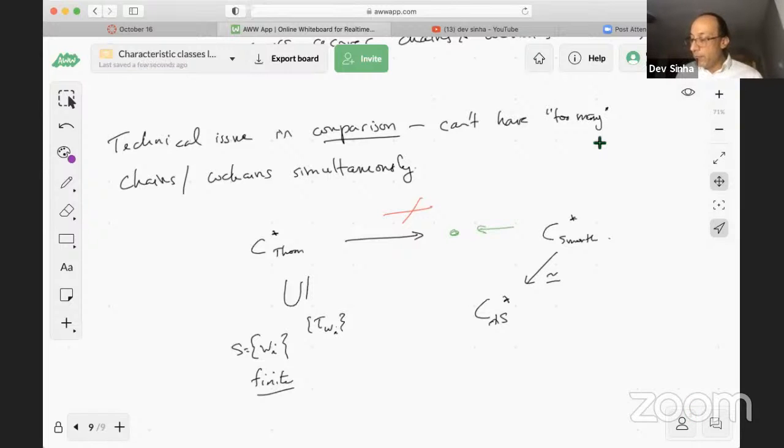inside here. I'll just say C_S upper star is inside here, and I do have a map. So on the left side I'm finite. On the right side I've cut things down. If on the left side I am in particular not locally finite, then if I considered all tome cochains, there would be nothing transverse to every one.